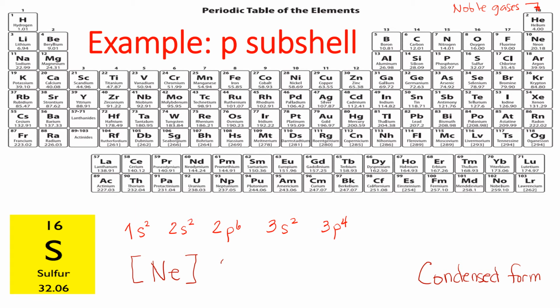So you'll just simply copy 3s2, 3p4. Actually, your 1s2, 2s2, 2p6 is the electron configuration of your neon. So they just make it a shortcut, and then you continue to the third orbital shell for your sulfur.